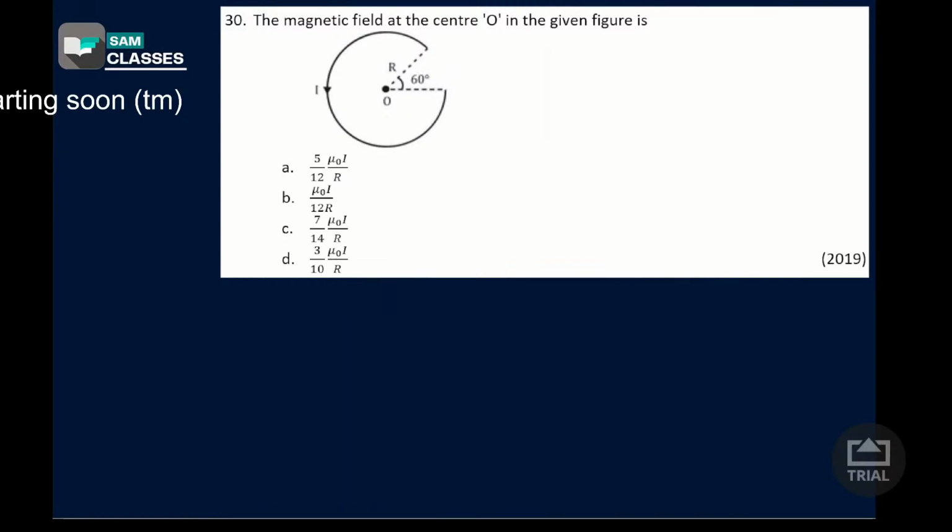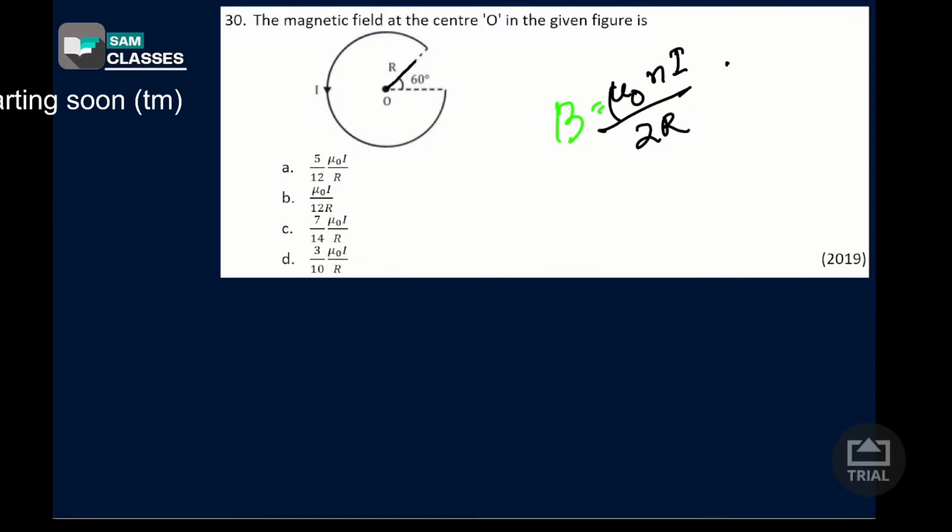What is the formula? B is equal to mu naught N I by 2R. Correct. Now we are doing for how much?